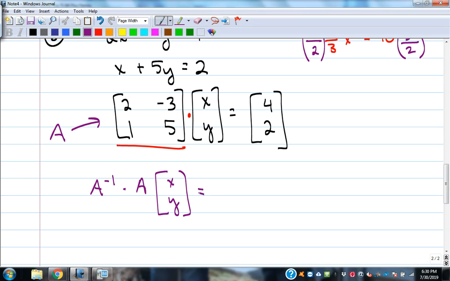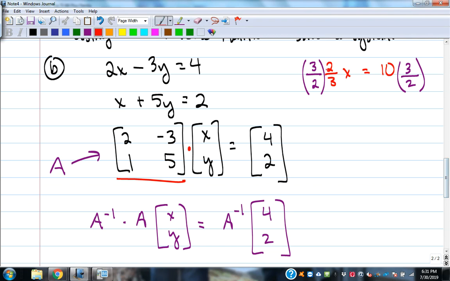Remember, multiplication with matrices is not commutative. So you've got to multiply by the inverse matrix on the left on the other side. Over here on the left-hand side, just like on this problem over here, those two cancel each other out, and you just get x.